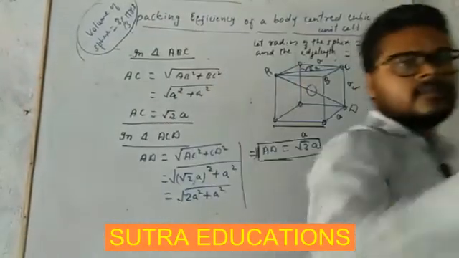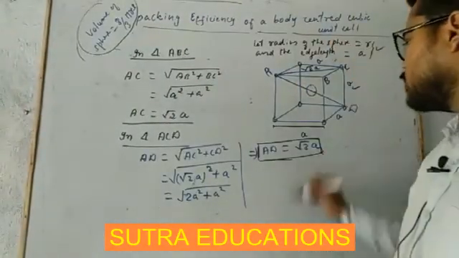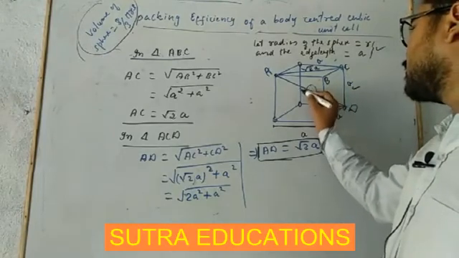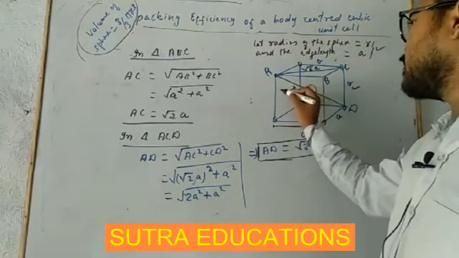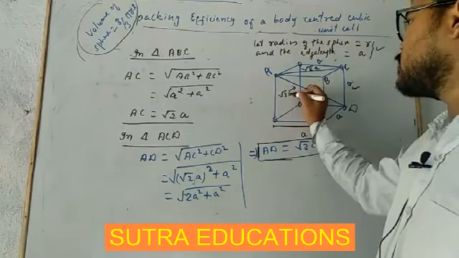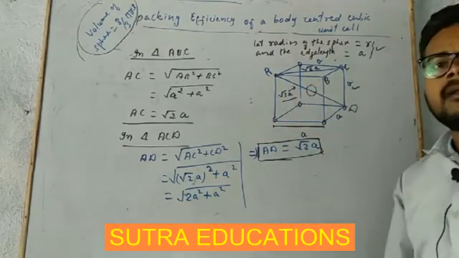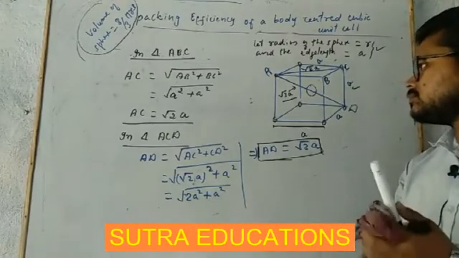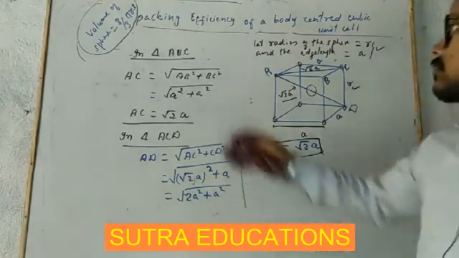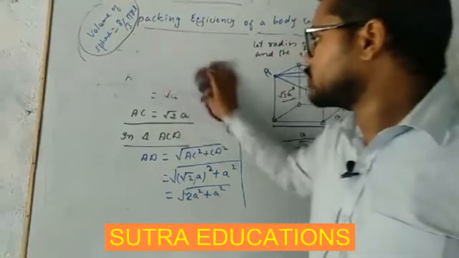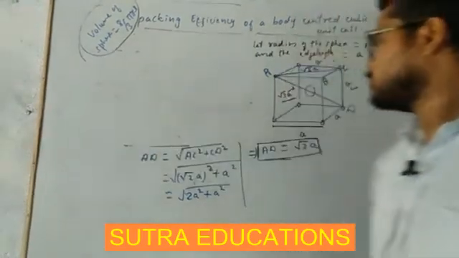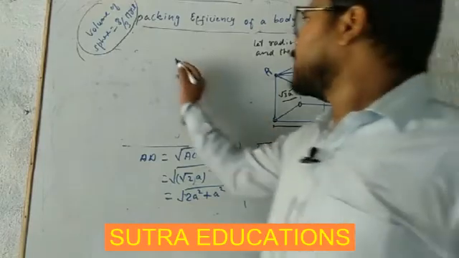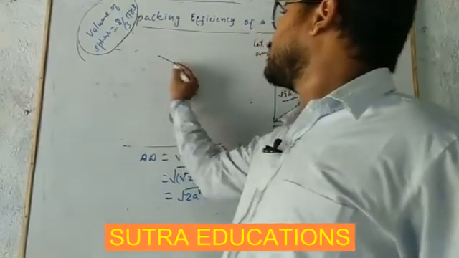Got it? AD is equal to root 3 A, meaning this distance AD is root 3 A. One more thing, I am going to draw the face body diagonal.